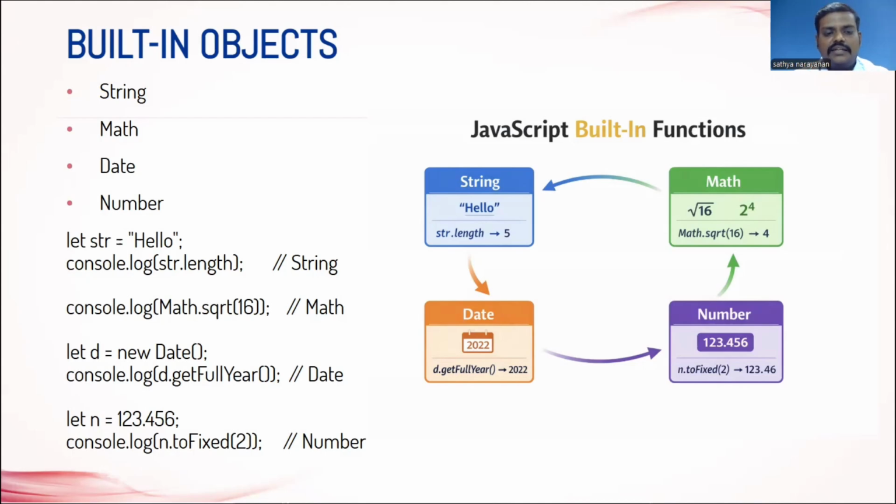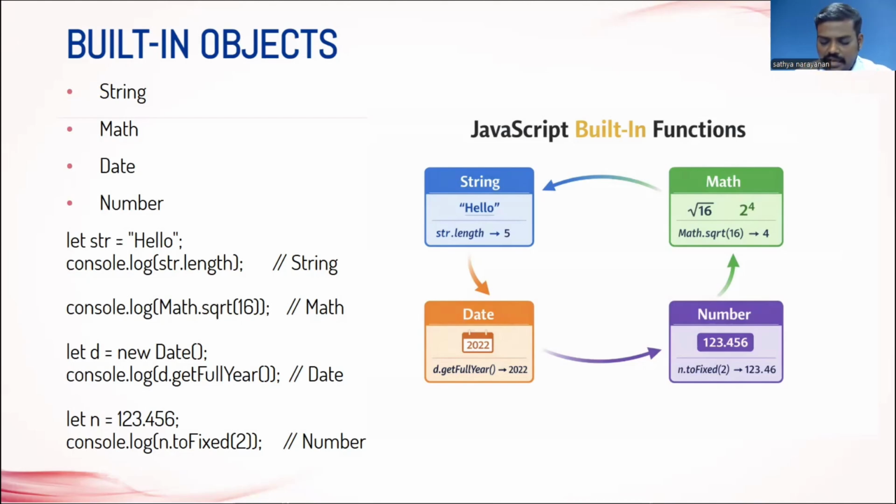The same concept: let d equal new Date. Console.log d.getFullYear automatically displays the year in the browser console. The fourth important code: let n equal 123.456. Console.log n.toFixed with the value 2, so automatically the output is displayed in the web browser.